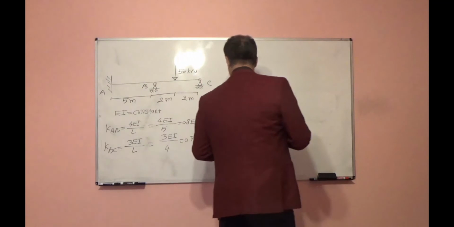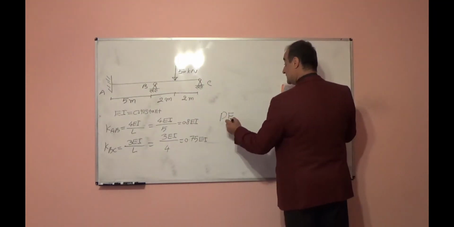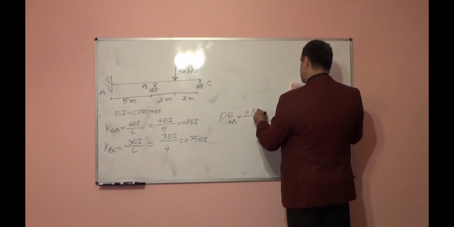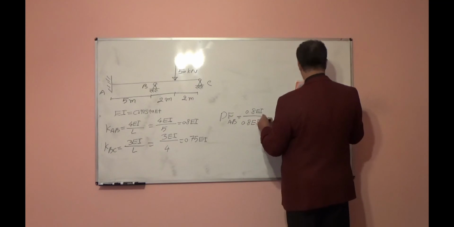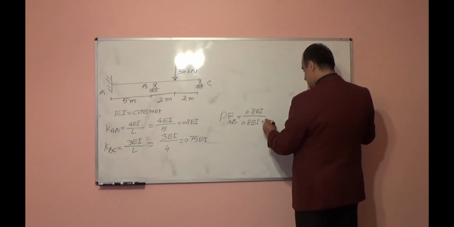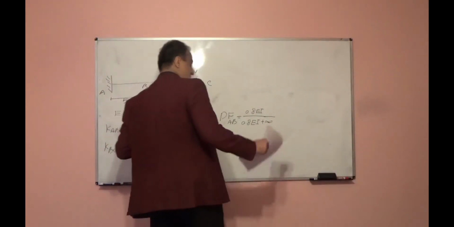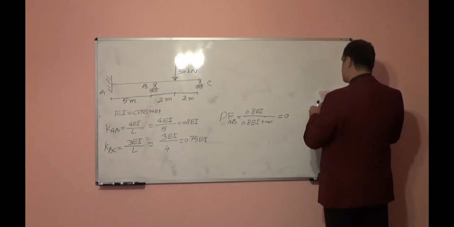Next we will calculate the distribution factor. Distribution factor for member AB will be equal to KAB, which is 0.8 EI, divided by KAB 0.8 EI plus infinity, because it is a fixed support. The other side is the ground, so that will be equal to 0.